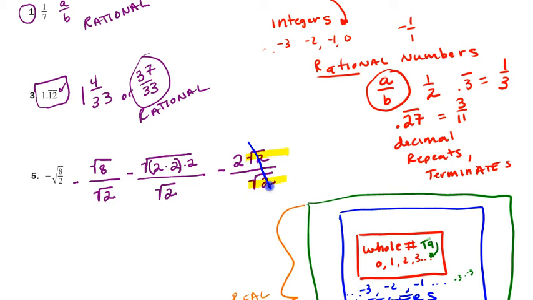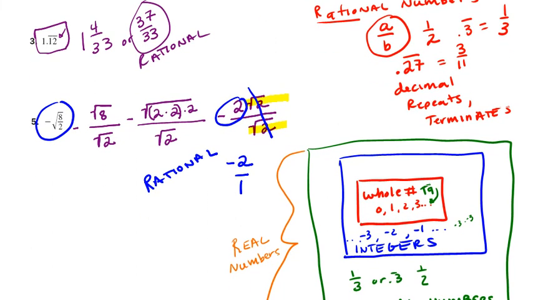So these cancel out, and I'm left with the opposite of 2, or -2. Well, actually I can write that as a rational number, so this number here would in fact be a rational number. So make sure you simplify it before you make a decision as to whether something's rational or irrational.